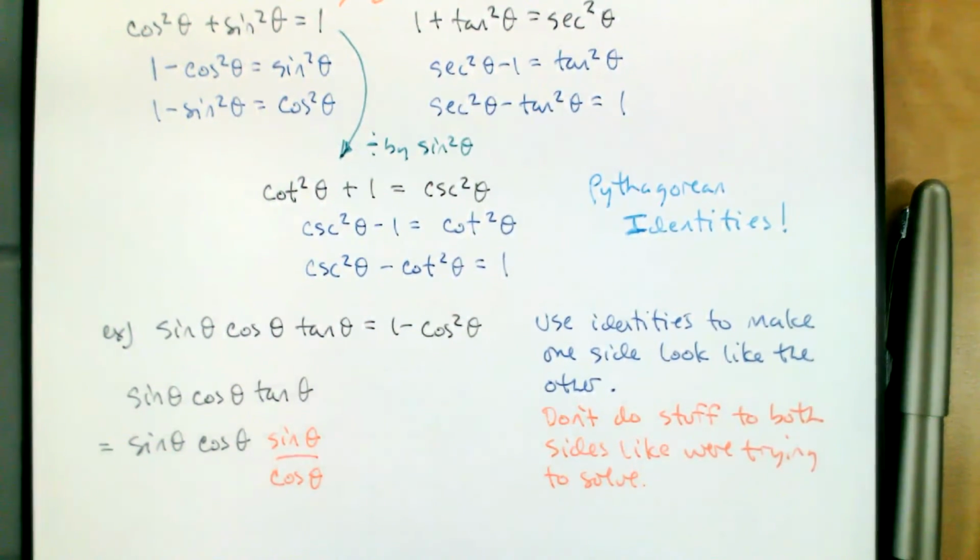The reason that we want to do this is that this makes something happen algebraically. That's really what this is about. This trigonometric identity game is all about making something happen algebraically. What happens here is that the cosines cancel out.